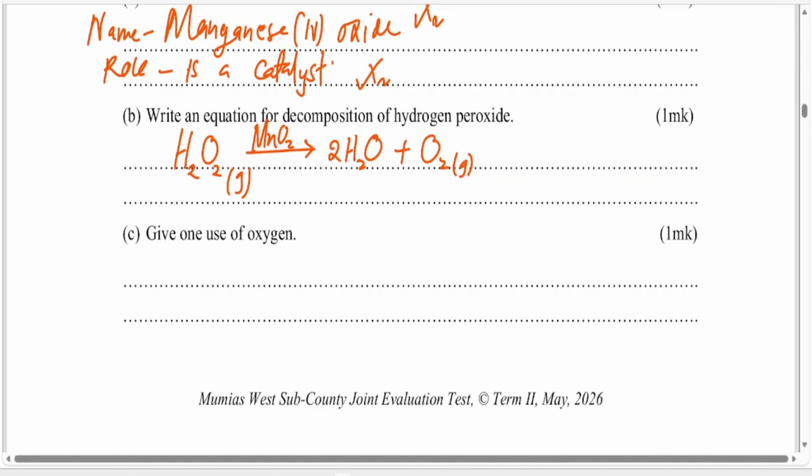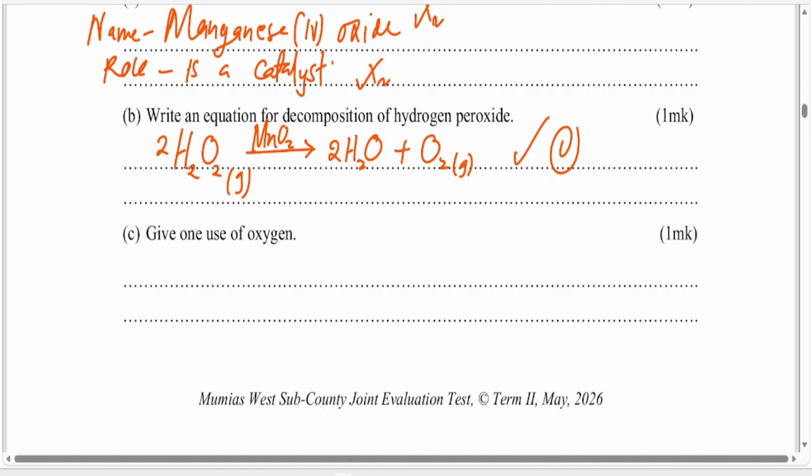Remember, I've balanced it: because we have 2 oxygens on one side and 3 oxygens on the other, I have to put a 2 on water, and then also put a 2 on peroxide to obtain 4 oxygens and 4 hydrogens, and this gives you a full mark. That's why you're supposed to write the equation.